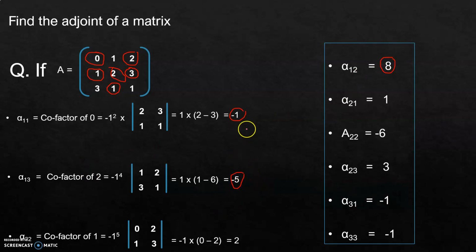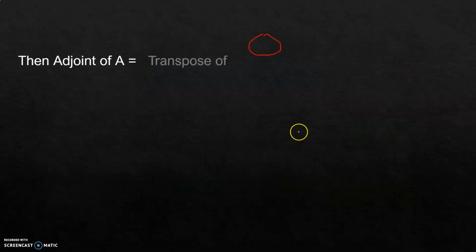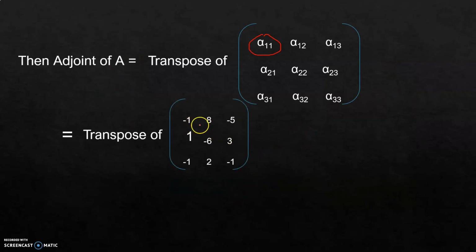You should keep all these elements in order: cofactor 1 1, cofactor 1 2, and cofactor 1 3, which are minus 1, 8, minus 5. Then cofactor 2 1 is 1. Then cofactor 2 2 is minus 6. Then cofactor 2 3 is 3.